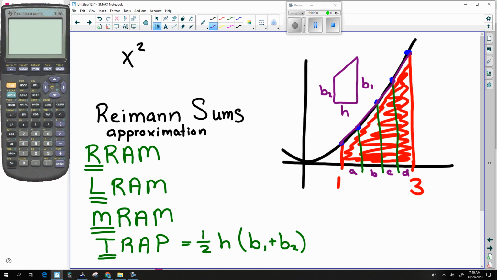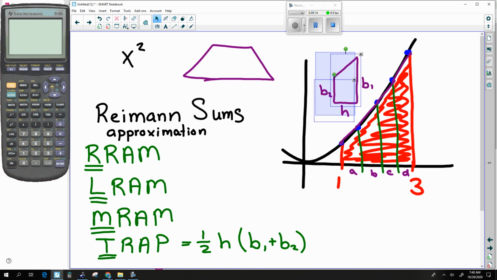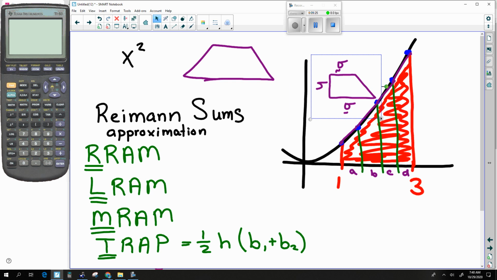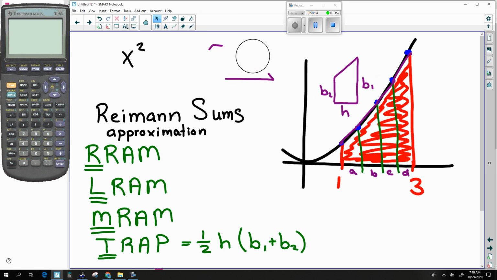I always think of trapezoids like that, so if you're anything like me, think of it as laying on its side, with base 1 and base 2, and then your height. And so you find the trapezoids that way.